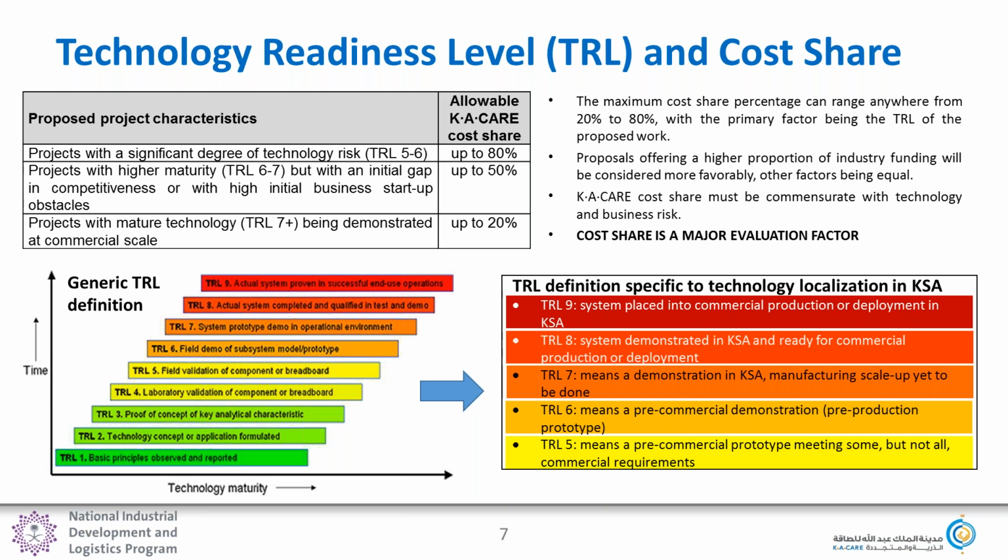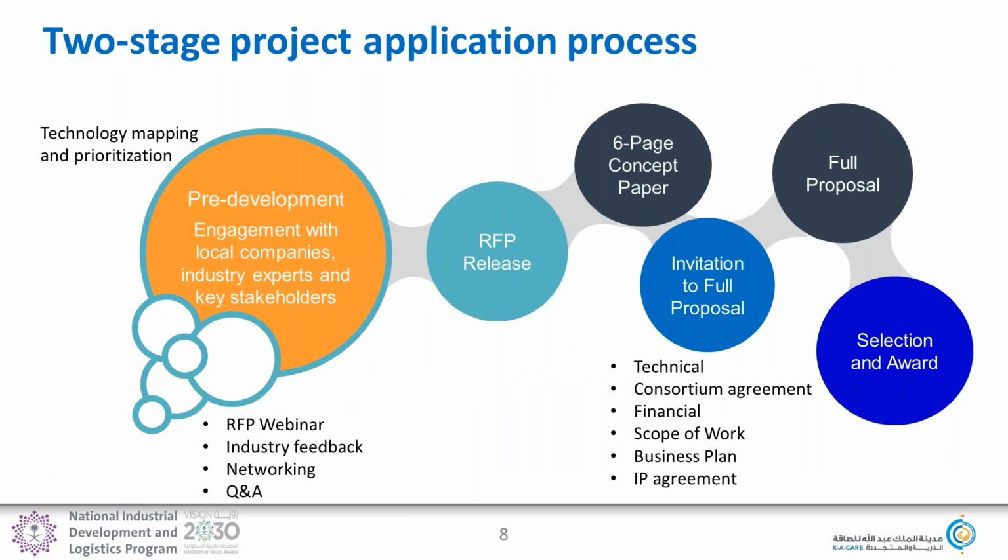So we're also doing something maybe a little different in that we have a two-stage application process, and those two stages are sort of like a pre-qualification followed by an RFP. The pre-qualification in this case is a concept paper that you're required to submit, and I'll go over the required contents of that, but it's brief.